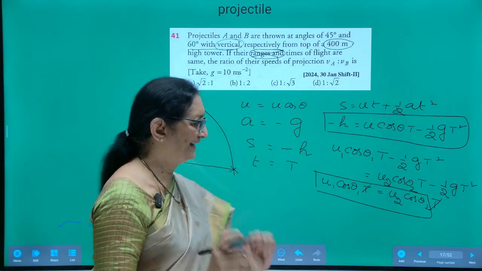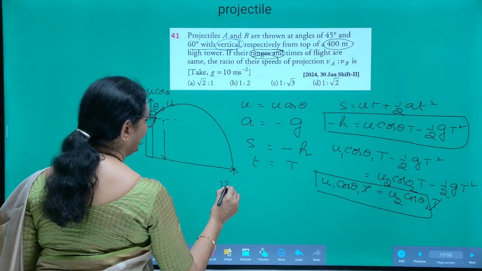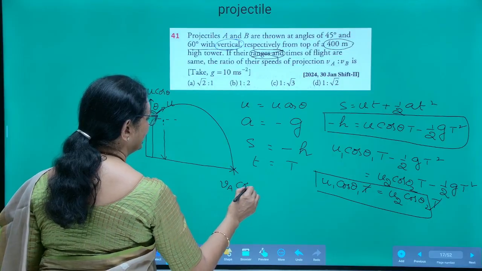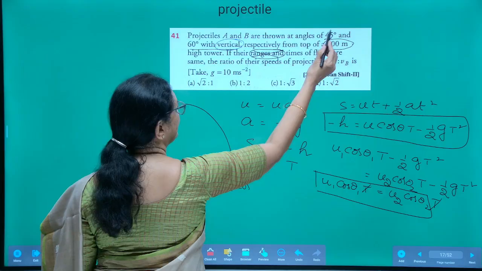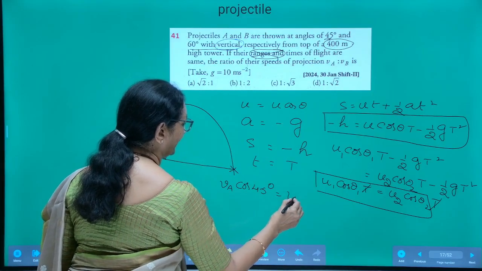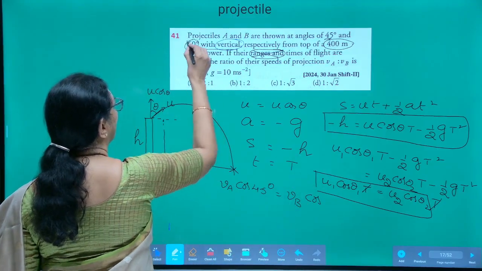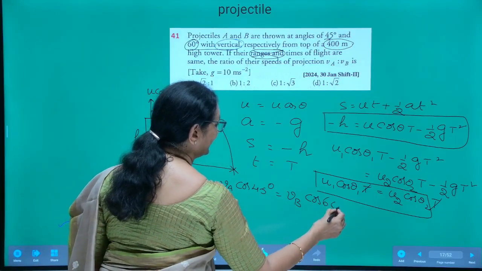That is the hint. Now, u1 he has taken as VA, cos theta 1 is given as 45 degrees, that is equal to VB, cos theta 2 is given as 60 degrees.